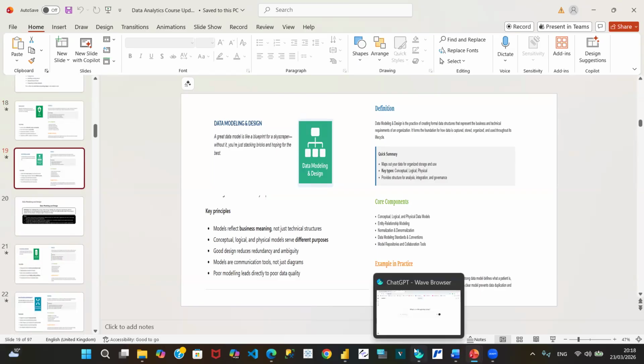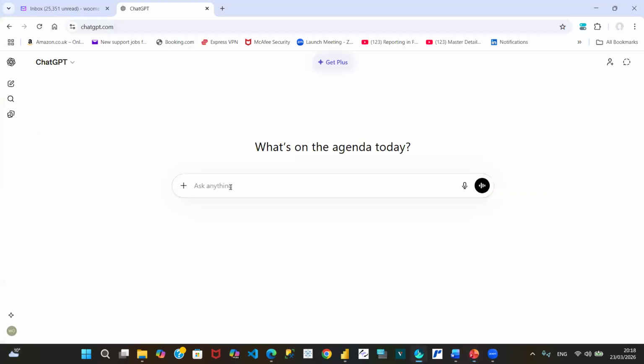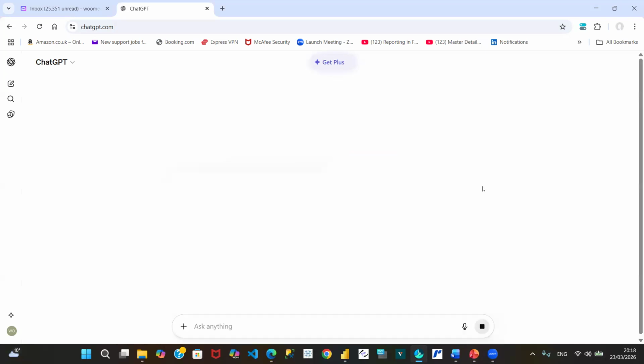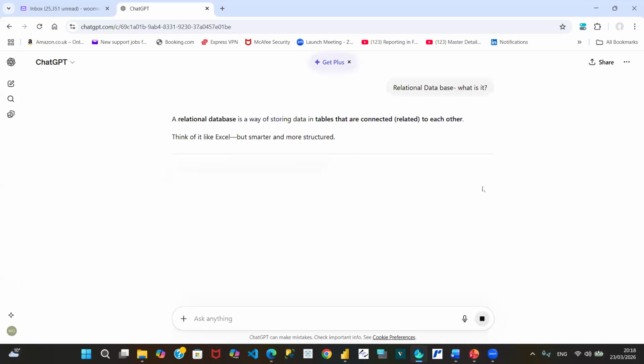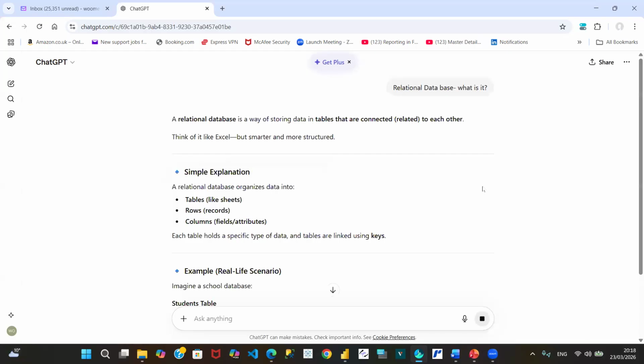I've got a few, but not the way that I really want. Let's see the explanation that ChatGPT is going to give us about relational database.